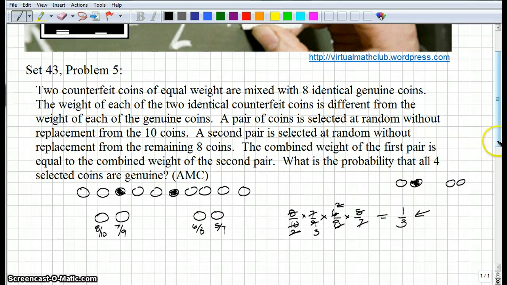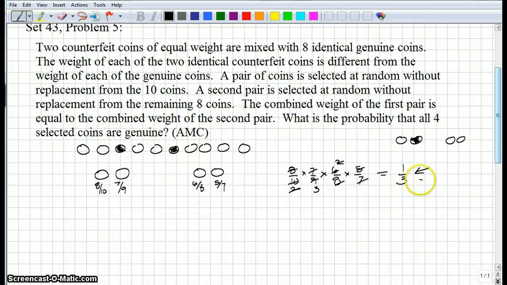All right, so let's look at the other possibilities for the way that these coins could come up and weigh the same. We know that the counterfeit coins are equal weight, and the genuine coins are all equal weight. So we could come up with a scenario where we draw a counterfeit first, and then a genuine, and then on the other side we draw a counterfeit and a genuine. What's the probability of that? We draw the first coin, and there's a probability of 2 out of 10 that it is counterfeit.